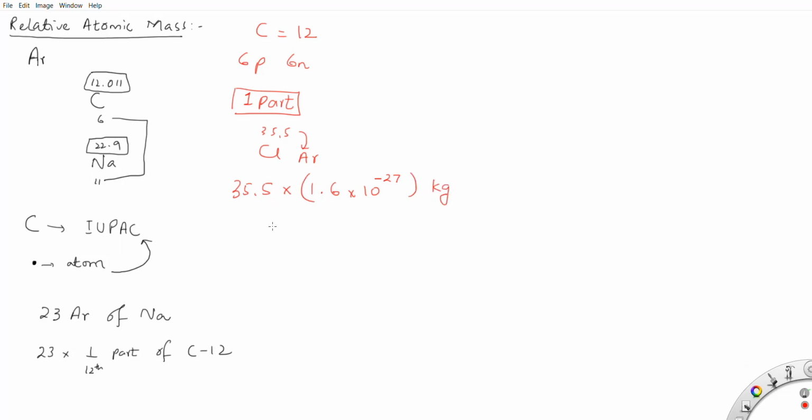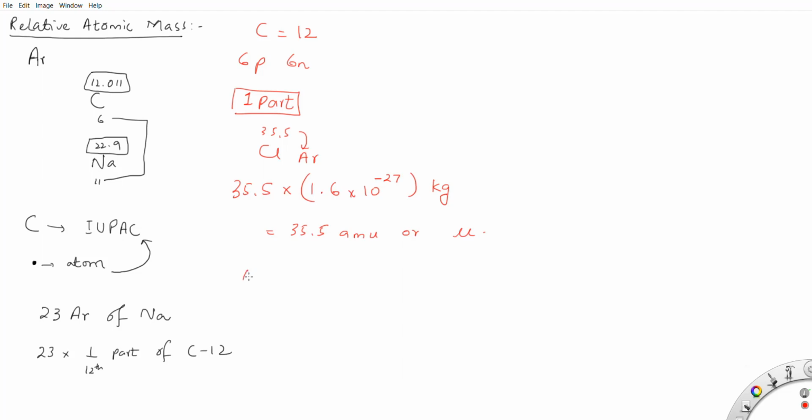So instead of writing these values all the time, they use 35.5 atomic mass unit, amu. So when we say relative atomic mass, it is the whole concept of comparing the mass of an individual atom to that of carbon.